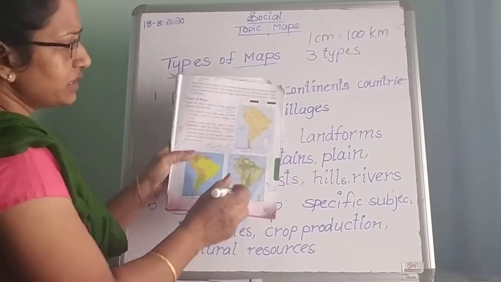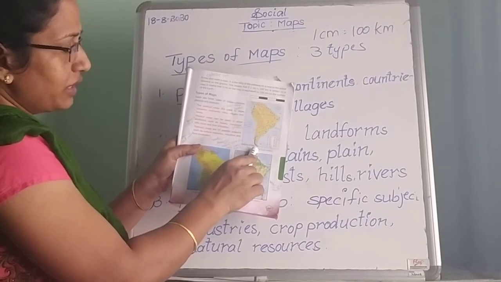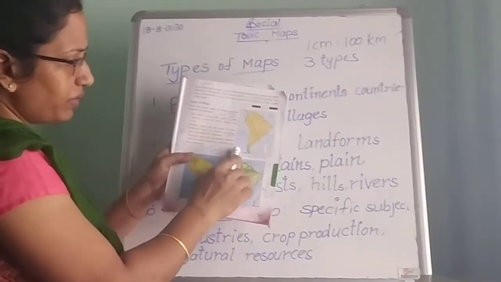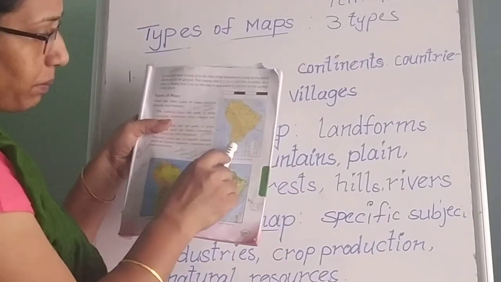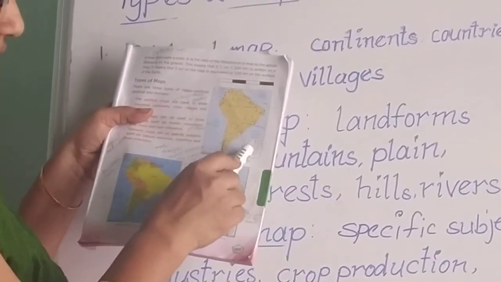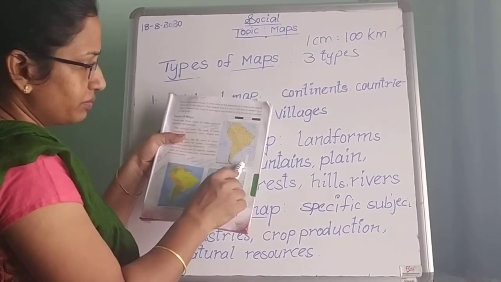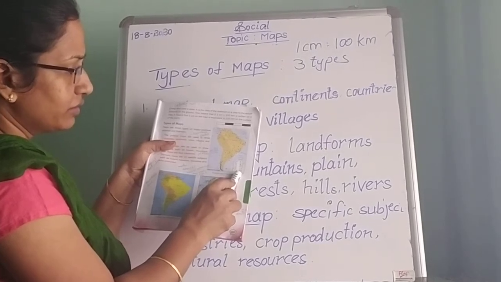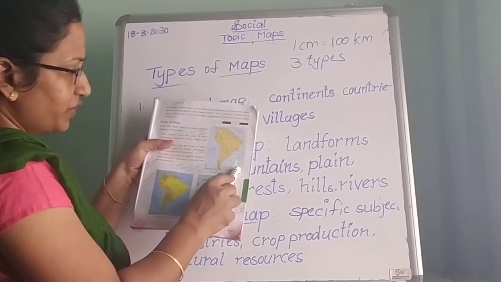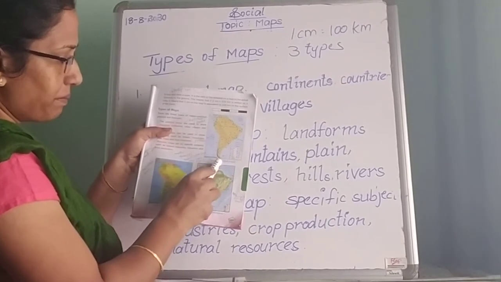Just look at this. This is the thematic map of South America. Here in this map, they have clearly specified where the rubber, rice, cattle, tobacco, sugarcane and fish farming are.